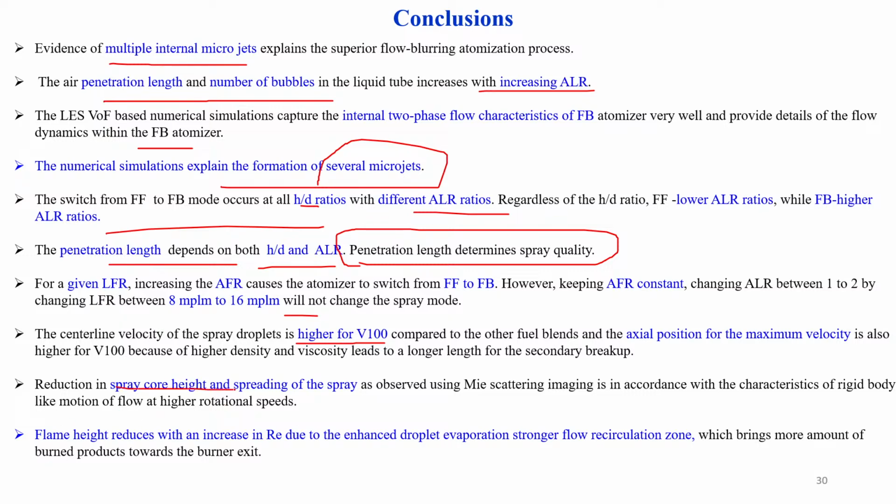The spray cone angle and height spreading change with the swirl bulk velocity. Flame height reduces with increasing Reynolds number due to enhanced droplet evaporation and a stronger flow recirculation zone, which brings more burnt products towards the burner exit.